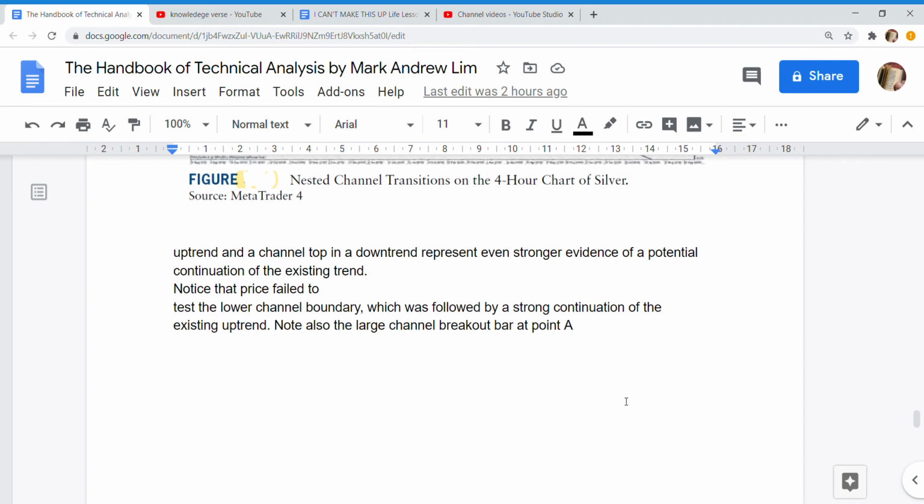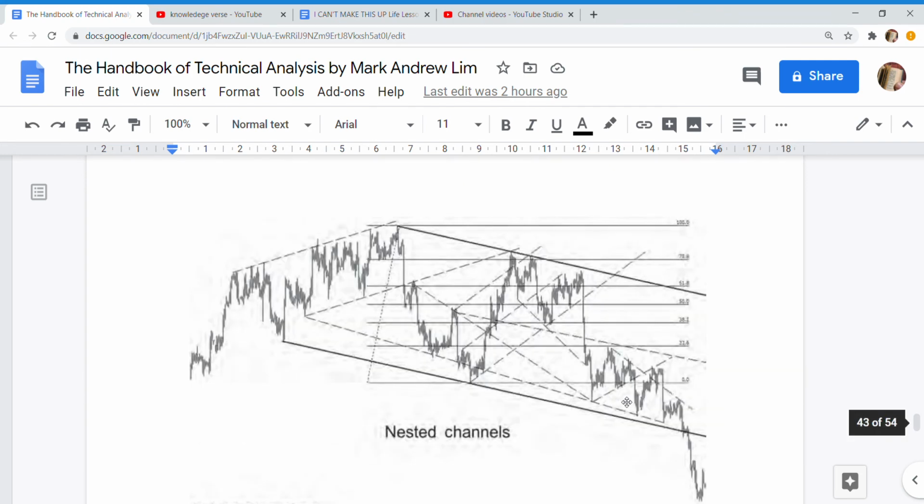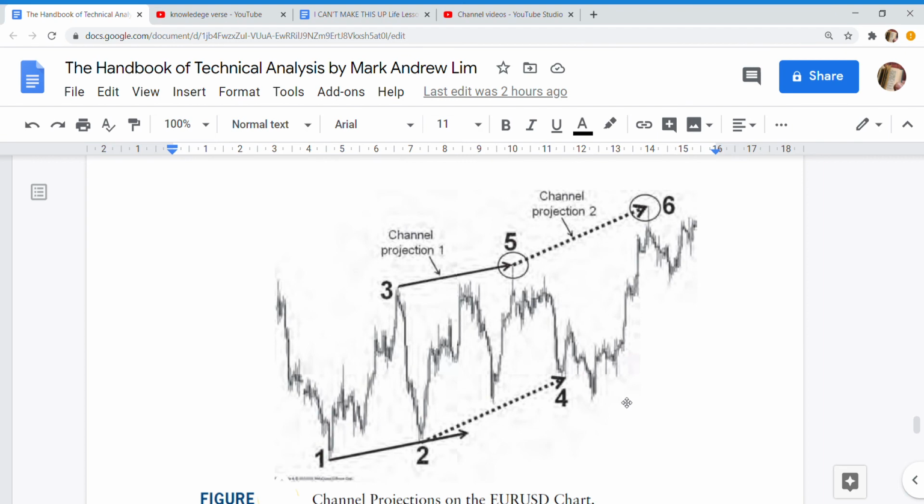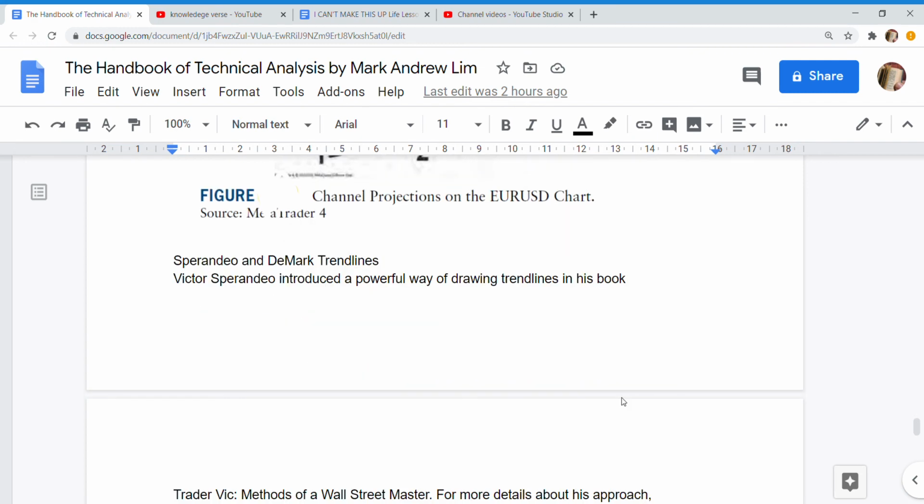Sparandio and DeMark trend lines. Victor Sparandio introduced a powerful way of drawing trend lines in his book, Trader Vic, Methods of a Wall Street Master.